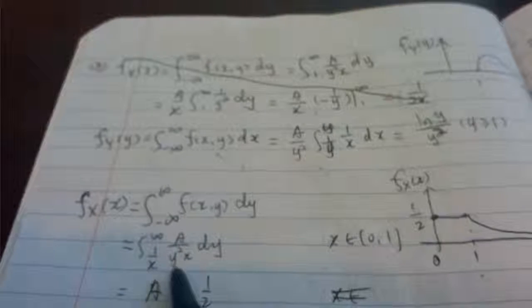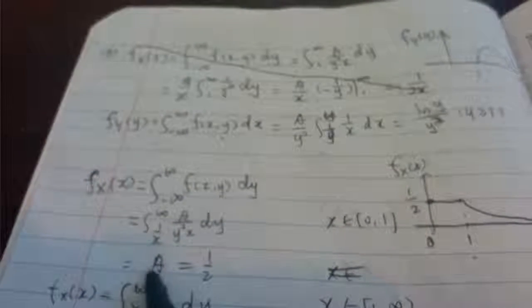We integrate this, and finally we get in this region f_X of x equals a half. And when x is greater than 1, we integrate y from x to infinity, and we get the result 1 over 2 times x squared.